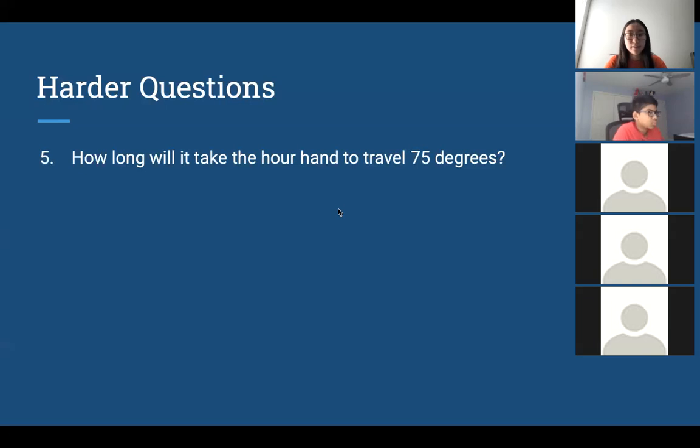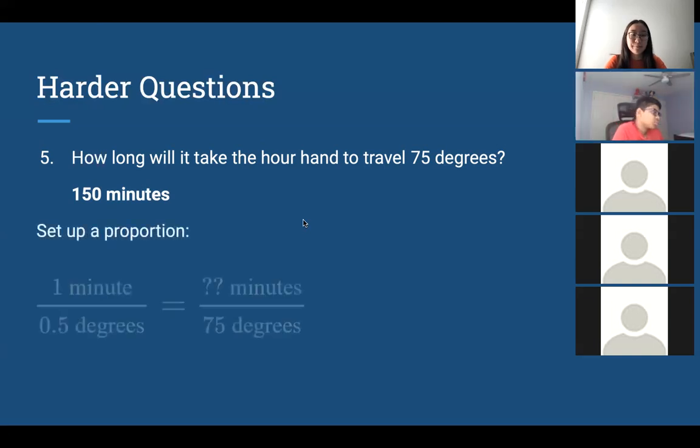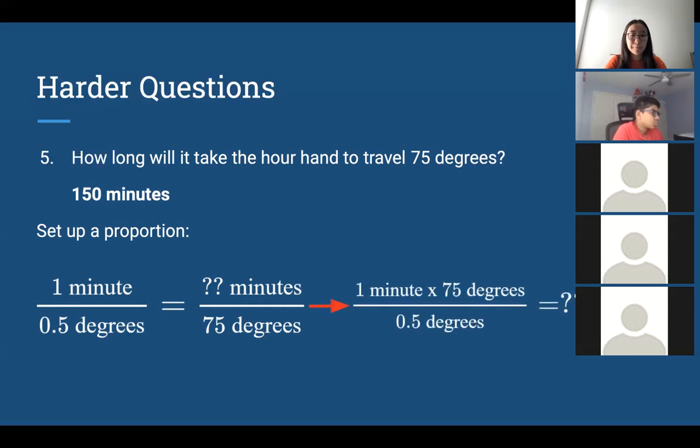Yep, exactly. The answer would be 150 minutes, or 2 hours and 30 minutes. So again, you can do this using a proportion. Another way to solve a proportion is to see that the denominator, 0.5 degrees, is getting multiplied by 150 to get to 75. So you also have to multiply the top by 150 to get 150 minutes as your answer.